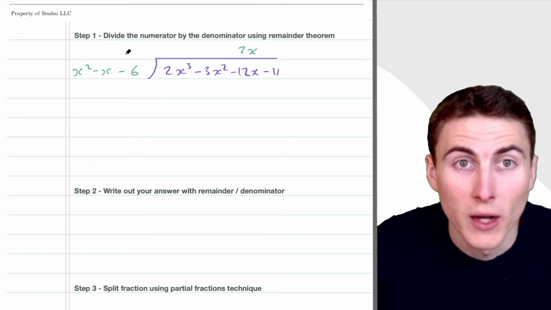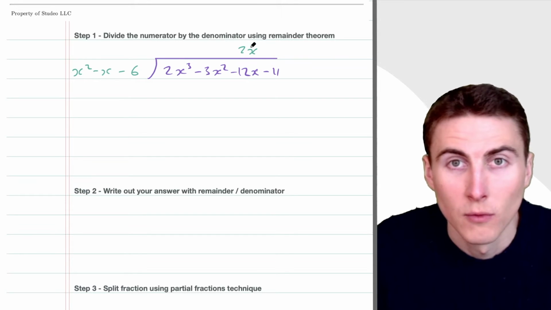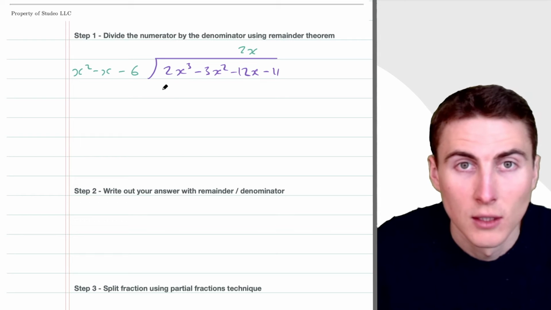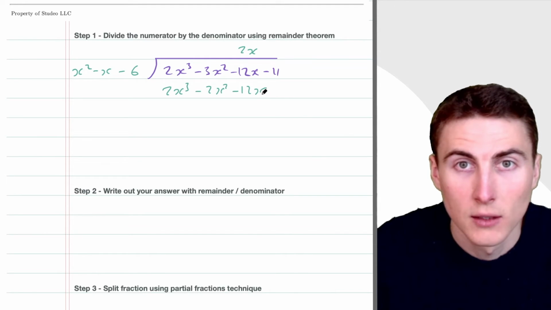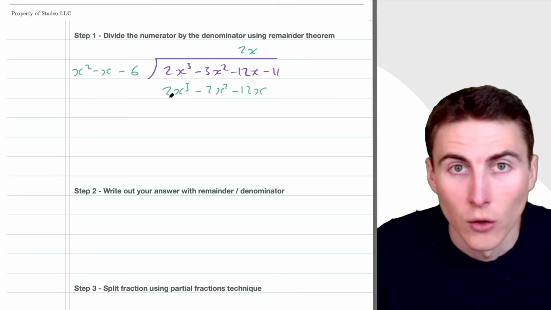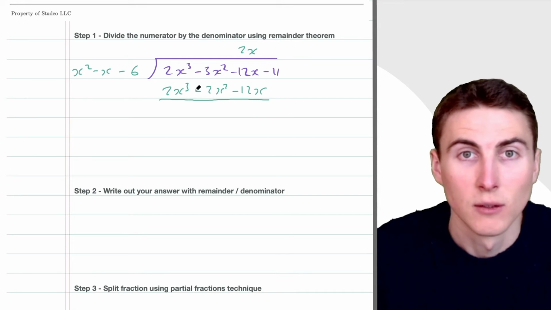Then I'm going to multiply this 2x by all of these. So 2x times x squared is 2x cubed, times minus x is minus 2x squared, times minus 6 is minus 12x. We then draw a line under here, and I subtract everything.